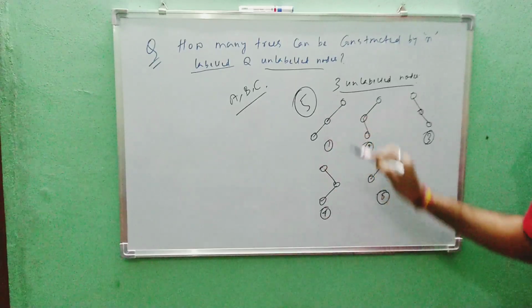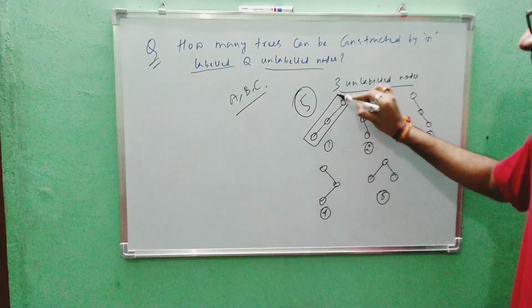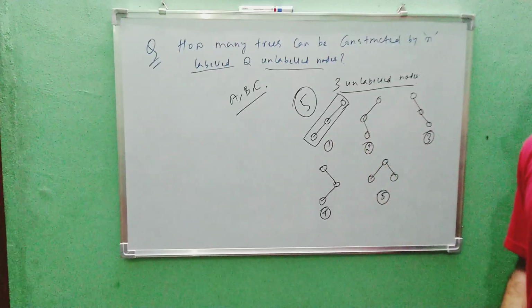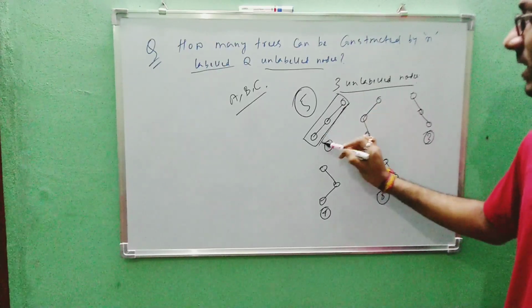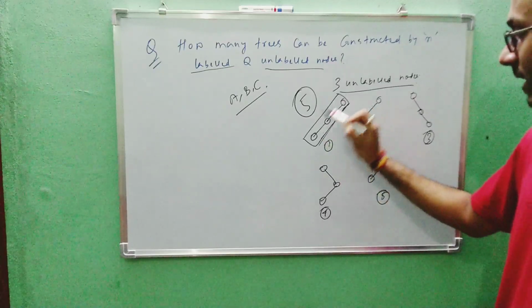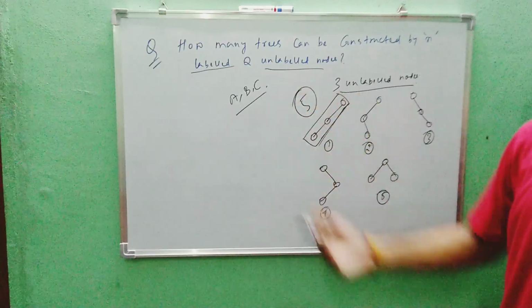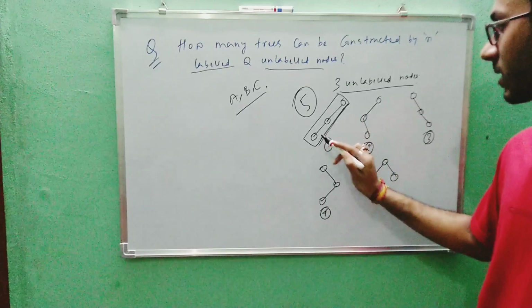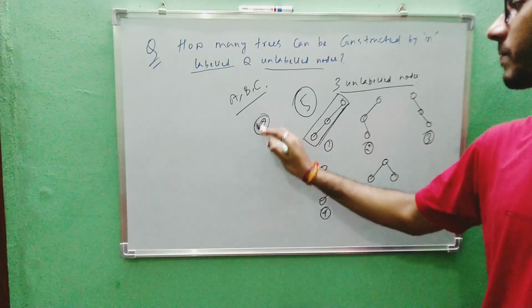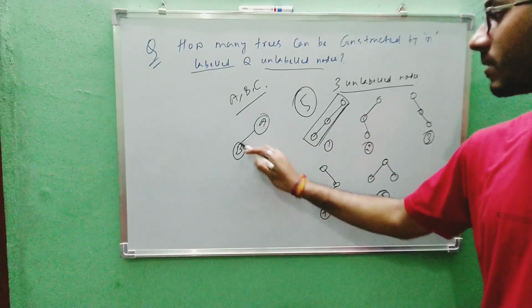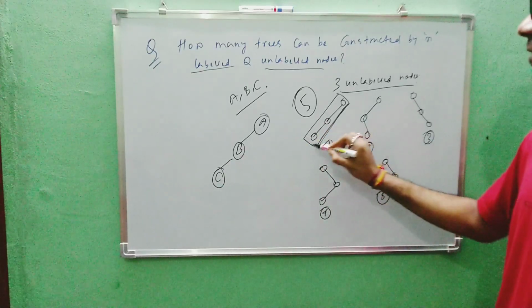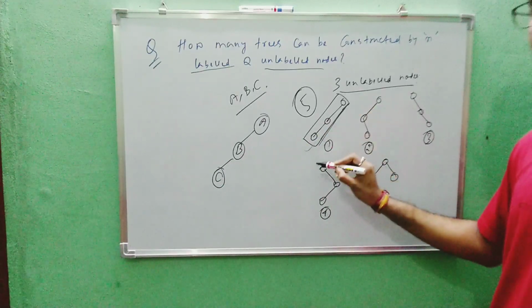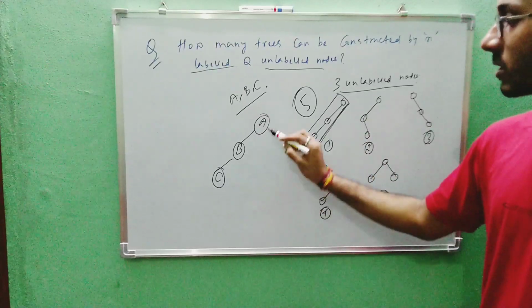Just think in this way: if we pick up this unlabeled tree and put labels here, then this tree itself can be drawn into many different trees. For example, in this tree only, if we draw A, B, C. In case of unlabeled nodes, this was the only tree. But in case of labeled nodes, is this the only tree?